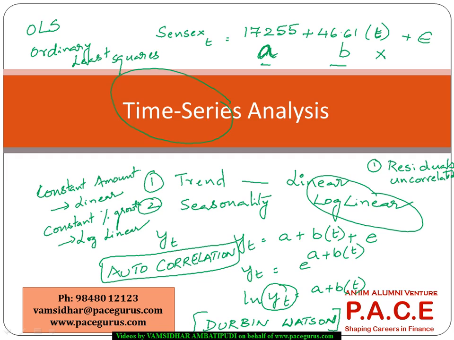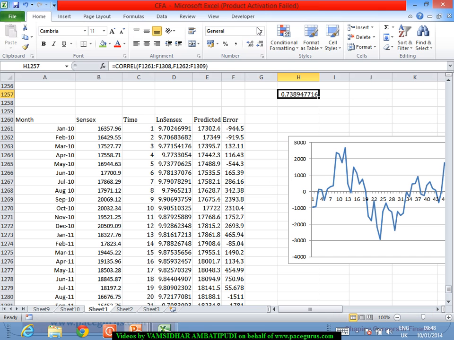So the way I use the Durbin-Watson statistic is, we have already taken the error in the data.